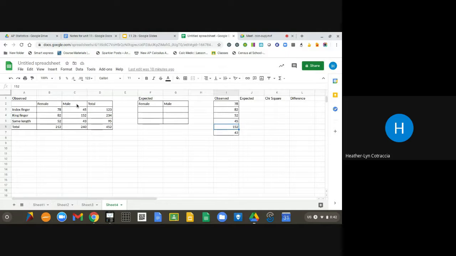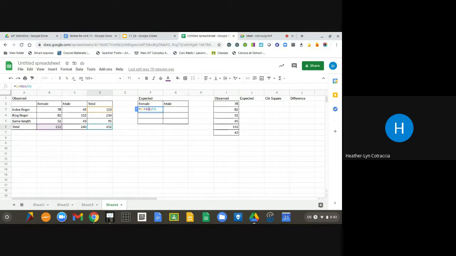So we should probably come over here. I already have a spreadsheet started. I copied and pasted this over here. Now, I showed you guys last time, to find this, we're going to do a formula. So equals expected counts is row total times column total divided by the total. And I also told you that we want to keep these cell references absolute, not for all of them.